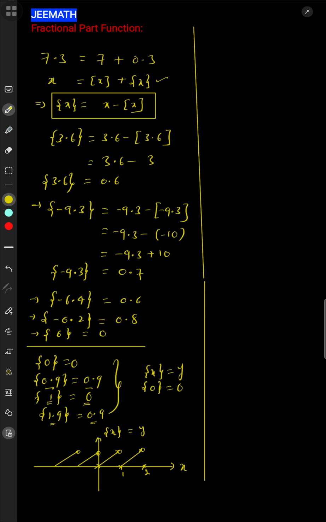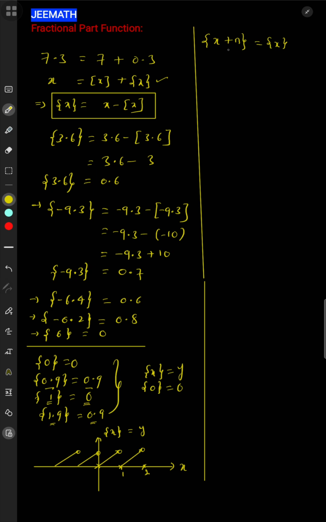Now see here, the fractional part of, suppose, x plus 1. There is no need to consider this integer, whether it is a positive or negative integer, so we'll get the same x. So the fractional part of x plus some integer will give the same fractional part of x.